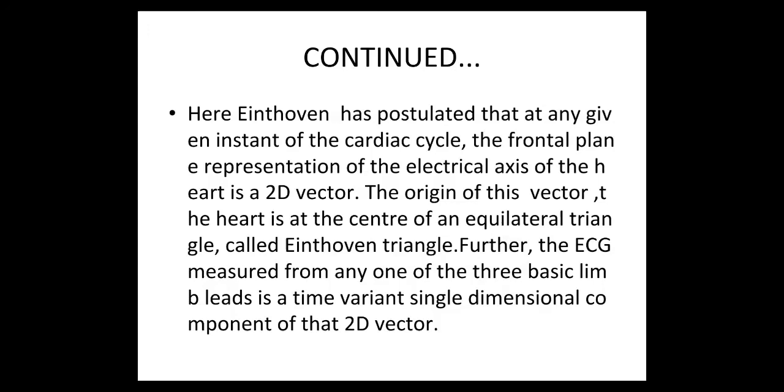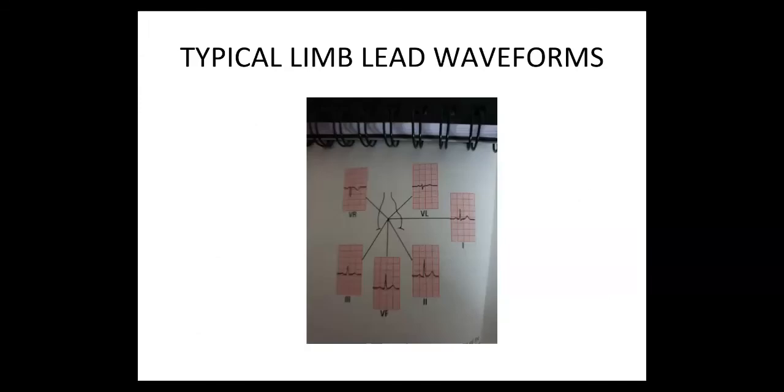The origin of this vector, the heart, is at the center of an equilateral triangle as shown in the picture called Einthoven triangle. Further, the ECG measured from any one of the 3 basic limb leads is a time-variant single-dimensional component of the 2D vector.